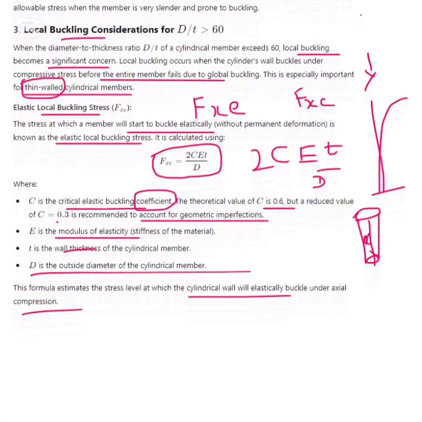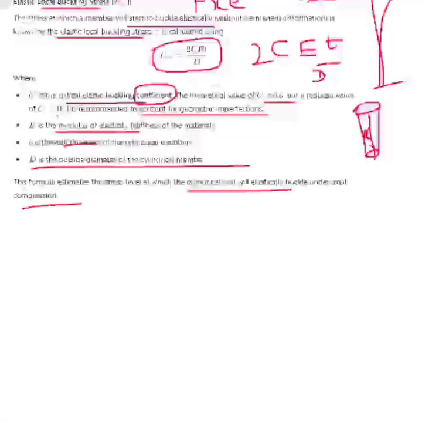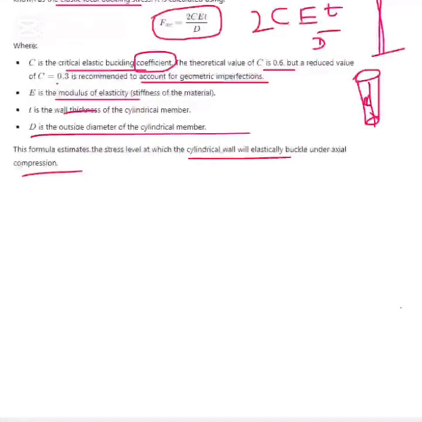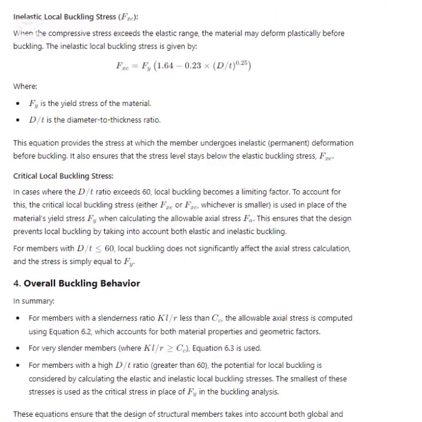Next is the inelastic local buckling stress. When the compressive stress exceeds the elastic range, the material may deform plastically before buckling. So the material deforms plastically locally, with permanent deformation, before the global buckling happens.